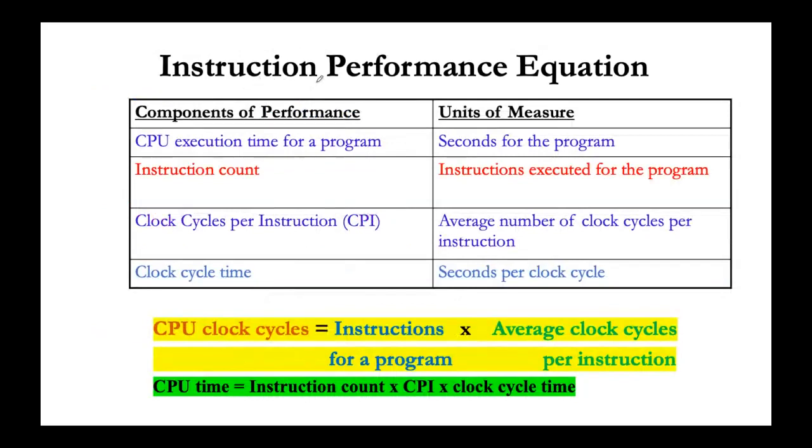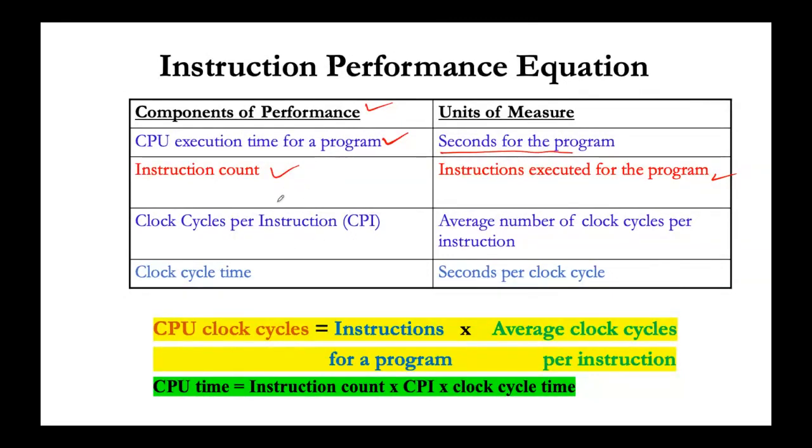So for example, the components of instruction performance are, as we said, the CPU execution time for a program, which is measured in seconds. Then the instruction count: how many instructions are executed for the program, whether all the instructions are executed or only some.